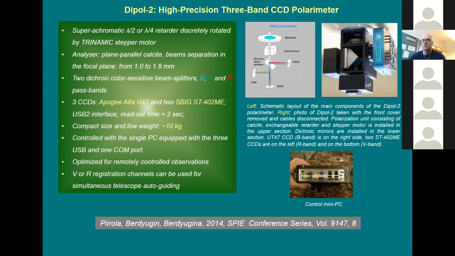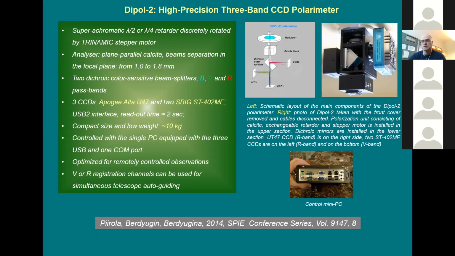The polarimeter has a compact size and low weight, and can be disassembled and taken in a handbag. It is controlled with a single industrial grade mini PC equipped with 3 USB and 1 COM port. The USB is needed for camera control and the COM port for stepper motor control.